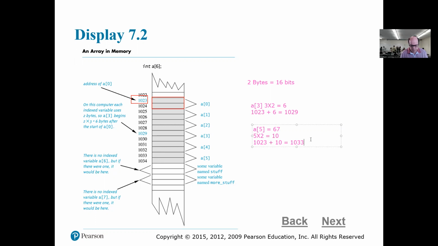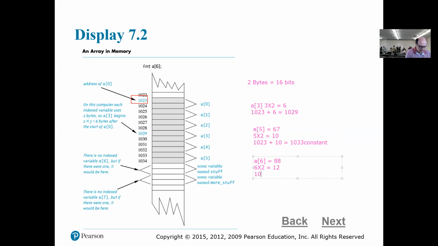So it's going to go to 1033, and it's going to put 67 in 1033, which is right here. Now, what if I do bracket 6? I'm going to put 88 in there. Now, 6 times 2 is going to give me 12.